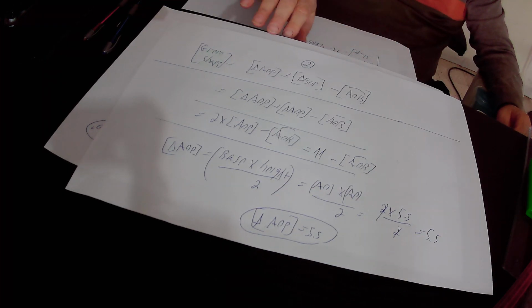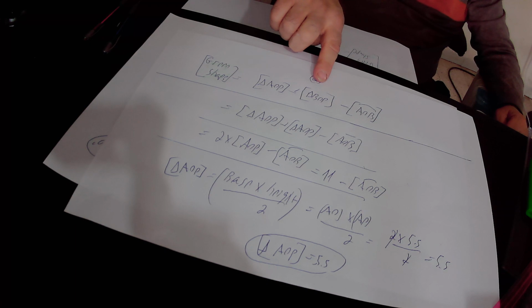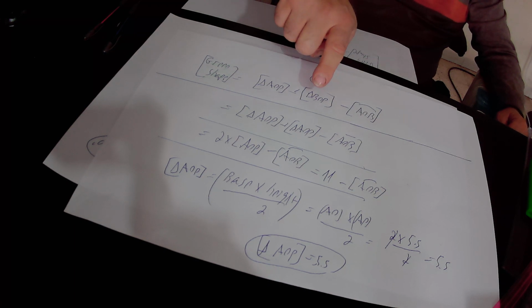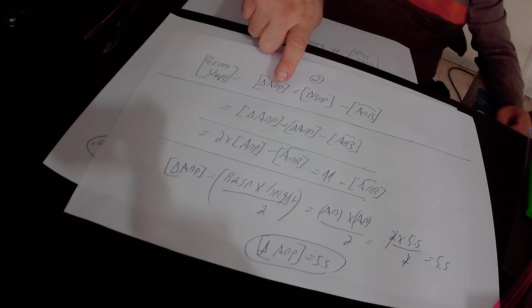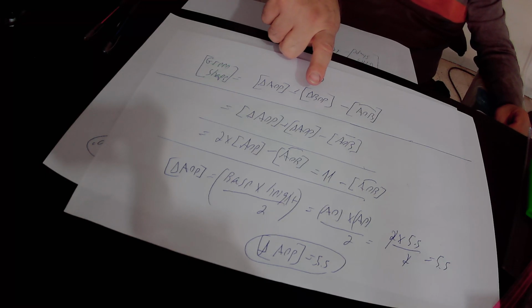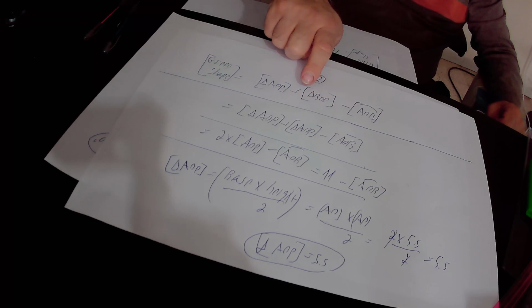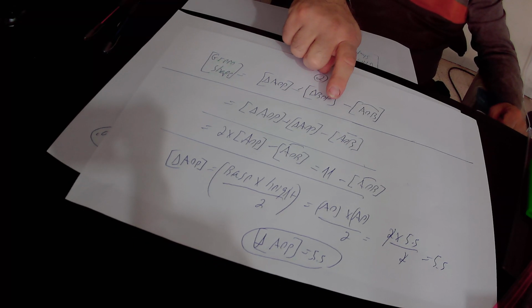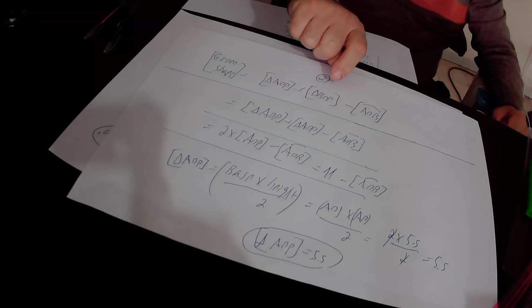Therefore, the area of the green shape in total equals the area of the upper right triangle AOP plus the area of the upper right triangle AOP, because we substituted the area of the lower right triangle BOP by the area of the upper triangle AOP, and then we subtract from the area of quadrilateral AOBP the area of sector AOB.